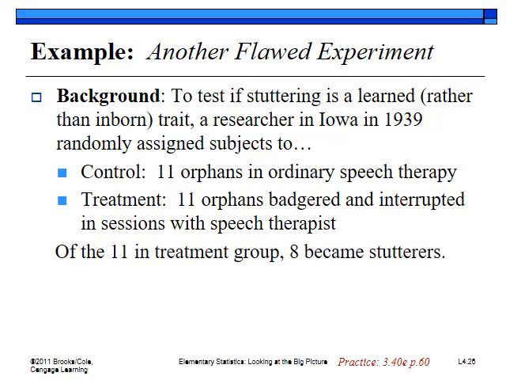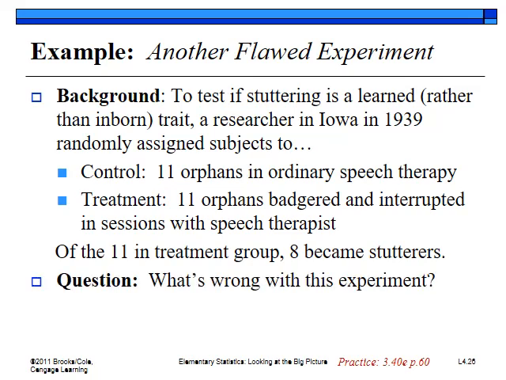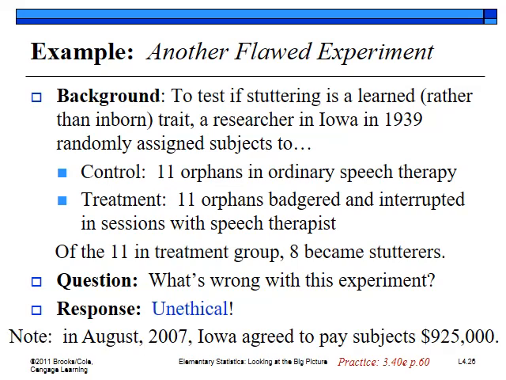Of the 11 in the treatment group, 8 developed a stutter. What's wrong with this? This is pretty clearly an unethical experiment. It's worth noting that in 2007, the state of Iowa settled a lawsuit to pay these subjects nearly $1 million.